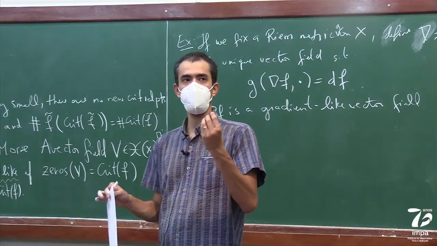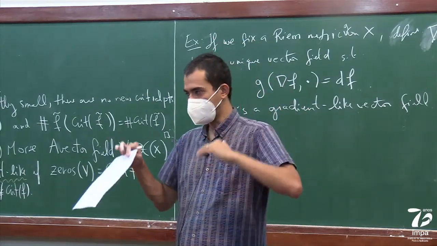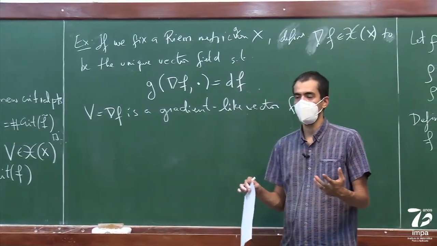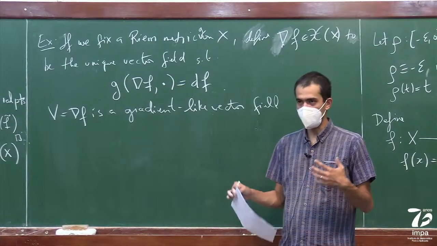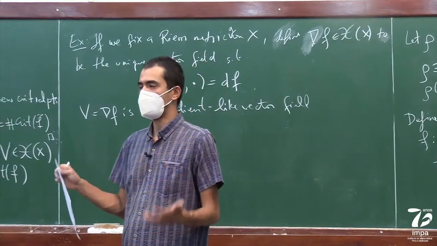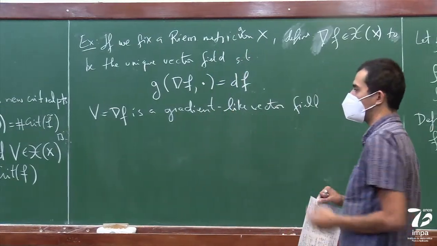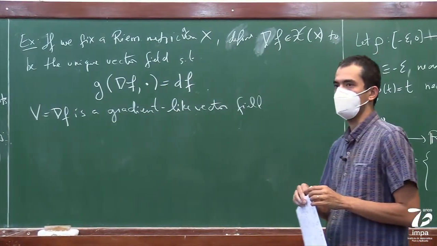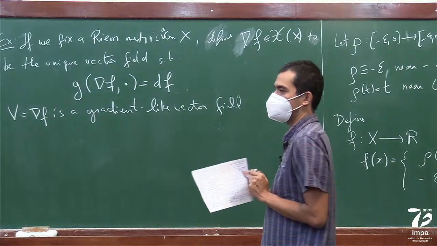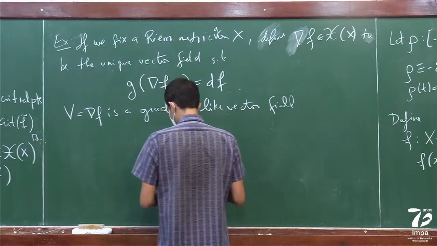You don't have to look at the Riemannian metric, because that gets complicated on a manifold: you look at charts and think about what the metric is in those charts, and it can be quite complicated to say that a certain gradient-like vector field is the gradient for some metric. It's much easier to use this definition and work with gradient-like vector fields in general. There are many more than just gradients of functions with respect to some metric.